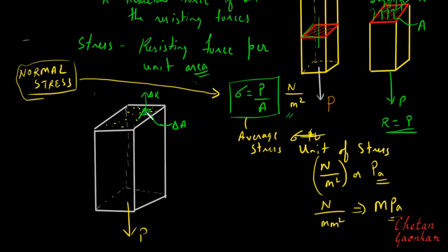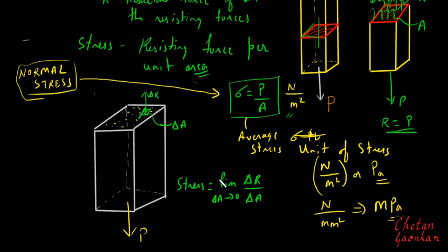So I have considered one small area delta a, and a small resisting force delta r. Now in this case, the stress at this point can be defined as stress is nothing but delta r by delta a, that is small resisting force by small area, as limit delta a tends to 0.